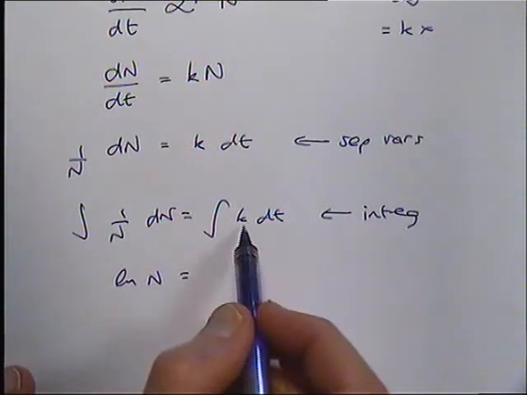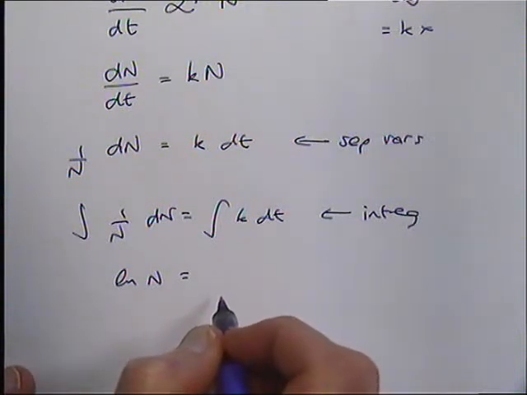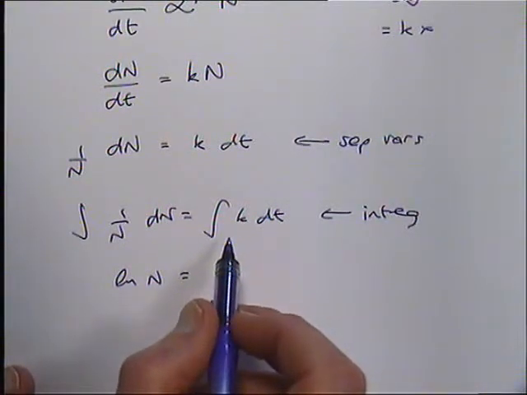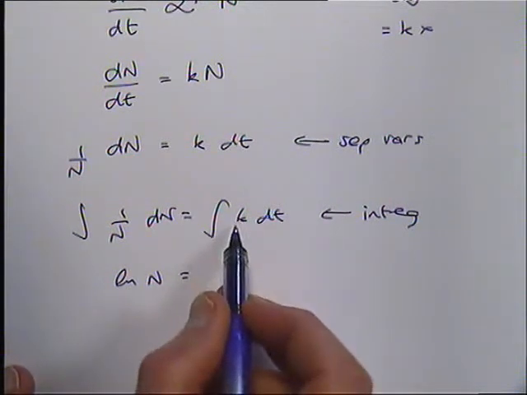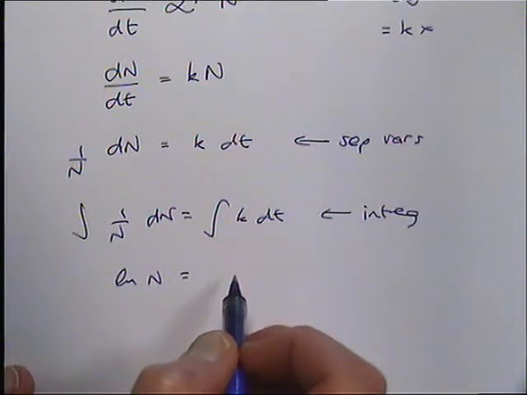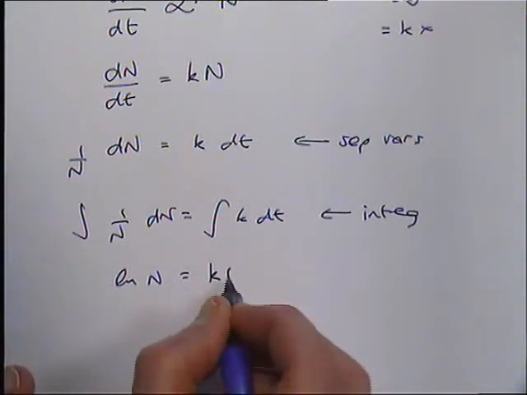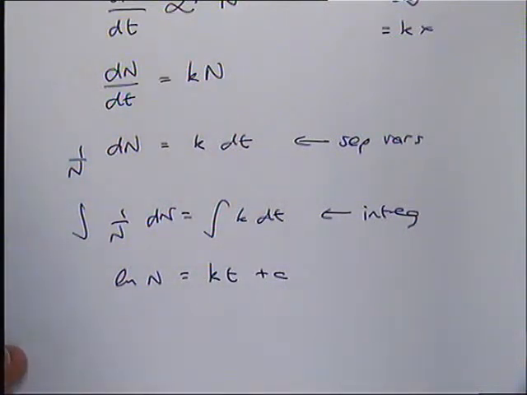And can you integrate k with respect to t? Does it matter that it's not dk? Well, yeah, because k here is just some number, so it's just a number, and we're integrating with respect to t. So imagine that was 3. Then it goes with 3t. Yeah, but it's not 3, it's k. Yes, it's kt. That's right. We finished the integrating, so put down plus c.